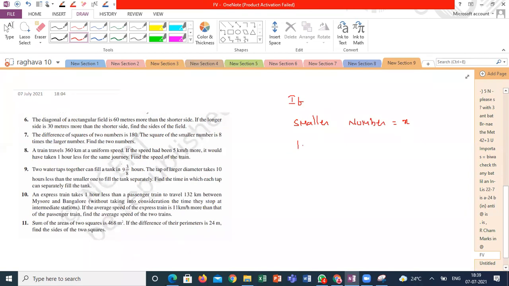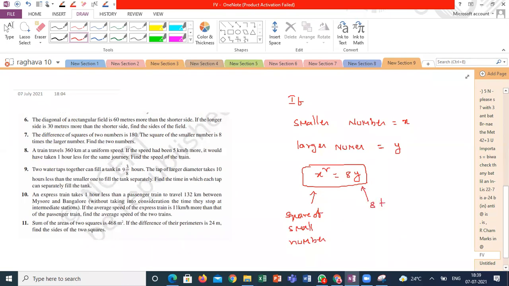What is the larger number? Y. What is the relation between x and y? The square of the smaller number is 8 times the larger number.